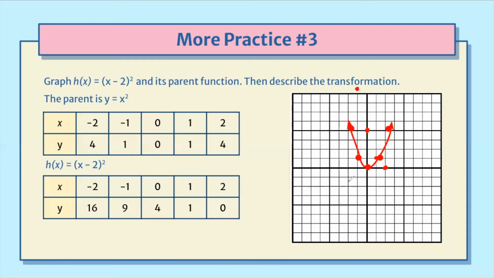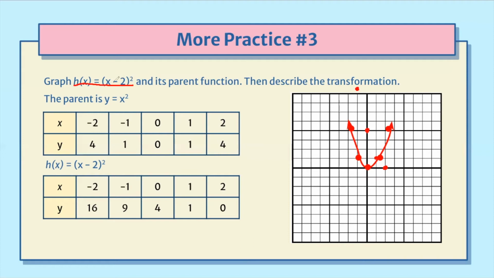So there are two ways to graph translations to the left or to the right. We can plug more points into the equation to get the y values for 3, 4, and so on. Or we can just look at the equation here and figure out what the transformation is.